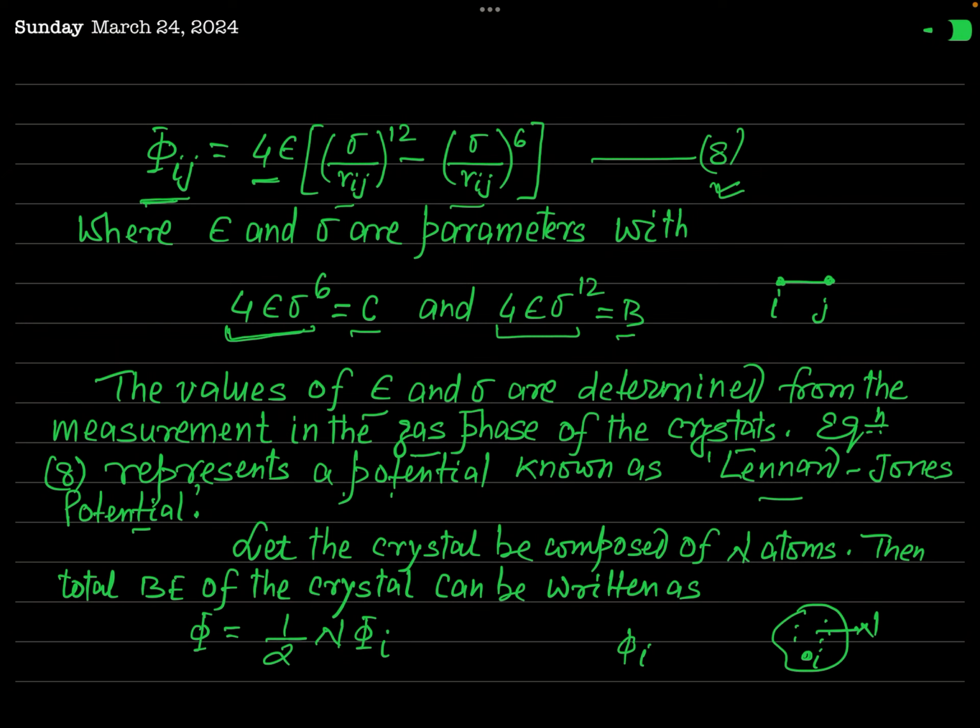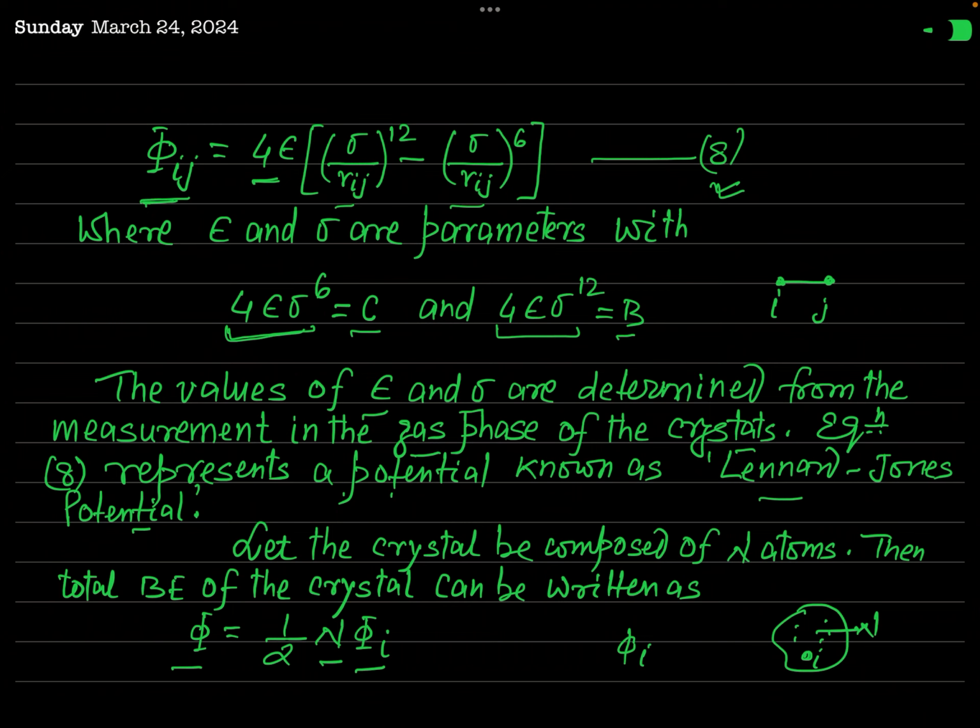So what will be the total binding energy? Since the number of atoms is n, when you multiply this phi i by n and divide the result by 2, you will get the total binding energy.